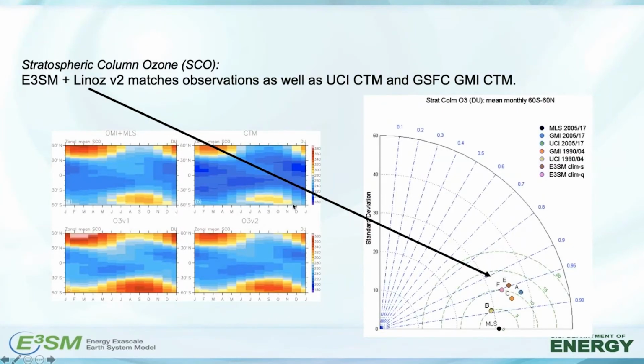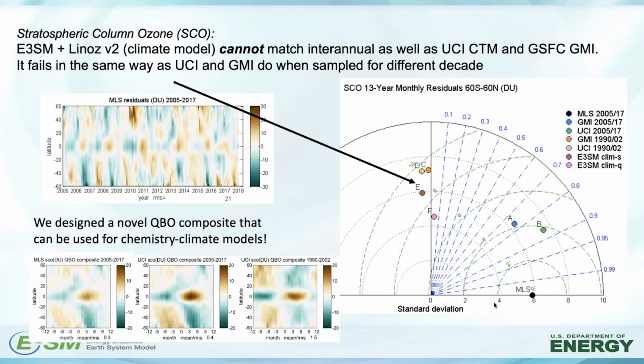With the Linoz V2 stratospheric column ozone, we found that it matches not only the observations, but also the UCI and the Goddard GMI CTMs, as shown on this Taylor diagram. So we are happy about that. But when we push the limit to look at the interannual residuals, none of the models, including the chemistry transport model, can capture the signal in the observations.